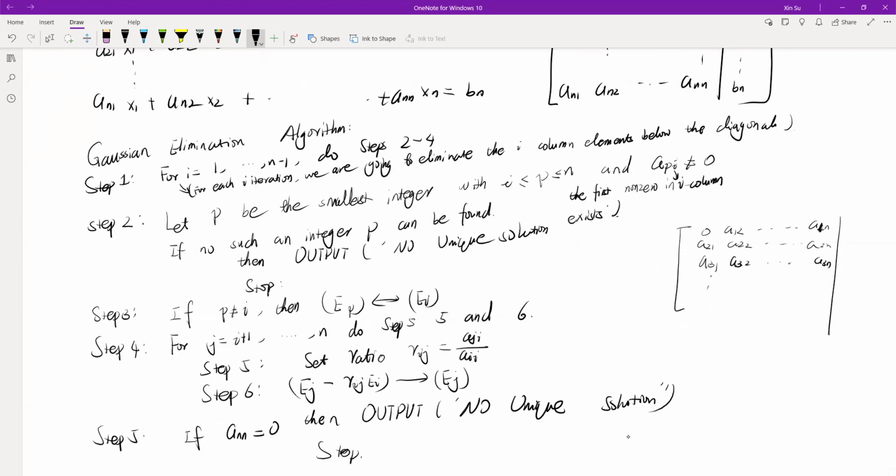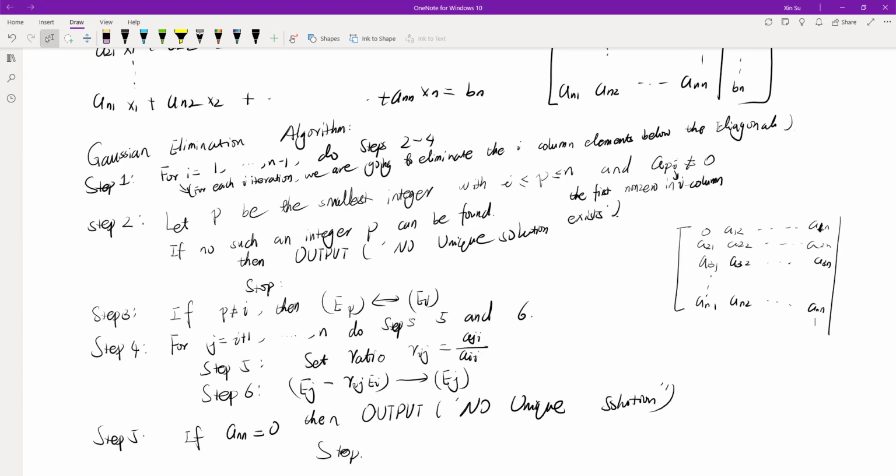The ratio definition looks like this: it's A_JI, where this is the I column, this is the J row, and this is A_II. For example, we are working on the first situation, and I believe there's something wrong in my index here. It should be A_IJ.